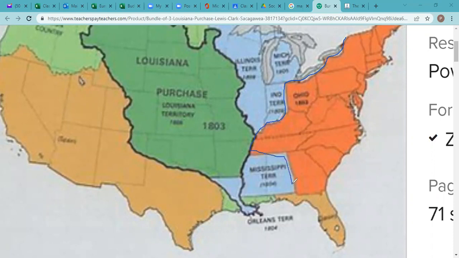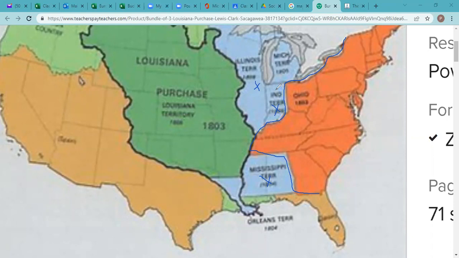They're pushing to the Mississippi right here in the blue, and into the Indiana Territory and the Illinois Territory. And this is becoming more populated with United States citizens.